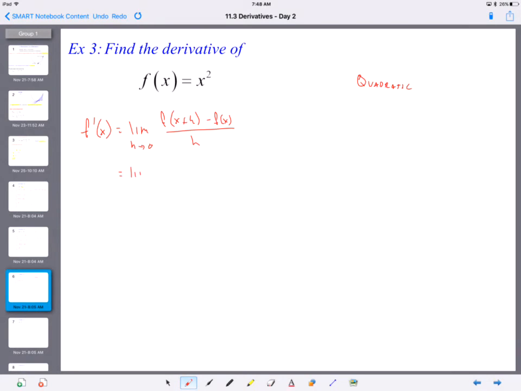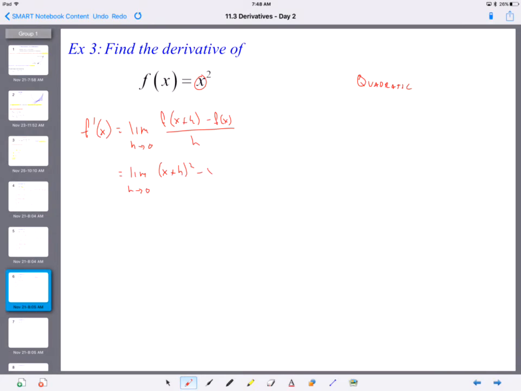And here we go. So the limit as h approaches 0, wherever there's an x, you're going to plug in x plus h. Well, this is just x squared. This is just the parent function. So we'll have x plus h squared. So that's the first part.